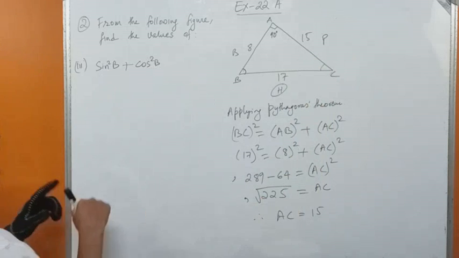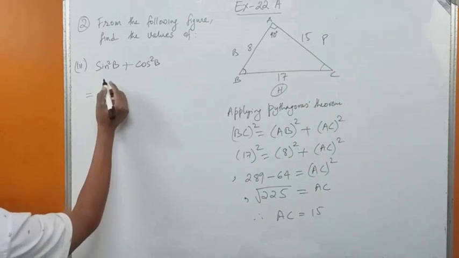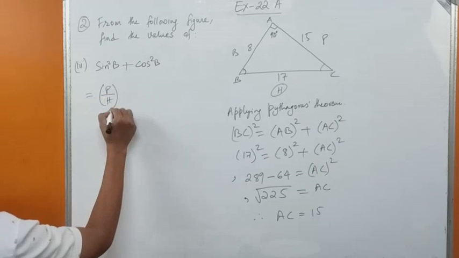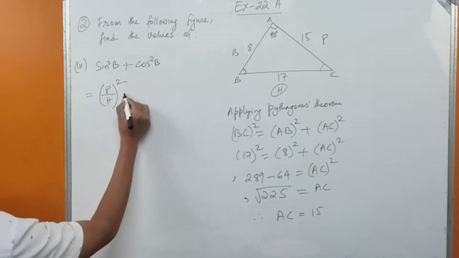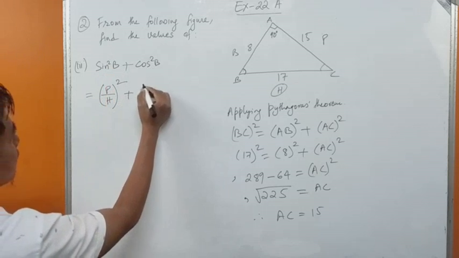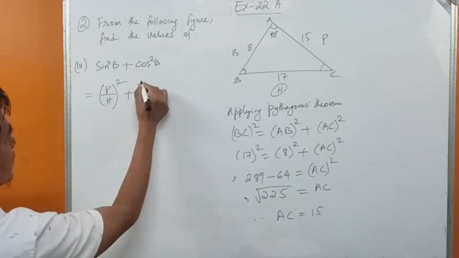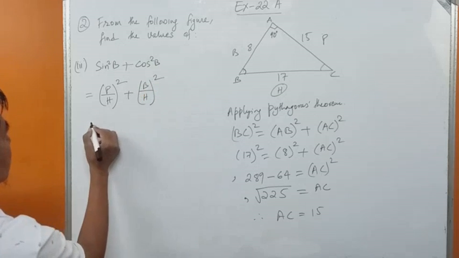Now sin theta means perpendicular upon hypotenuse, isn't it? Some people have, whole square, plus cos theta means curly brown hair, base upon hypotenuse, whole square.